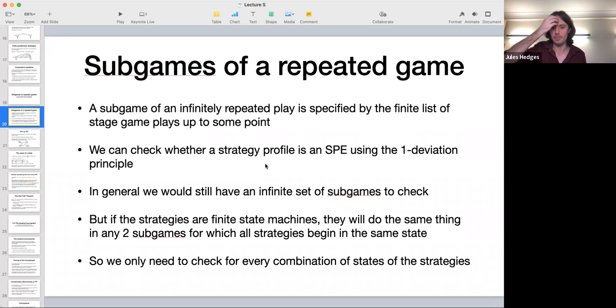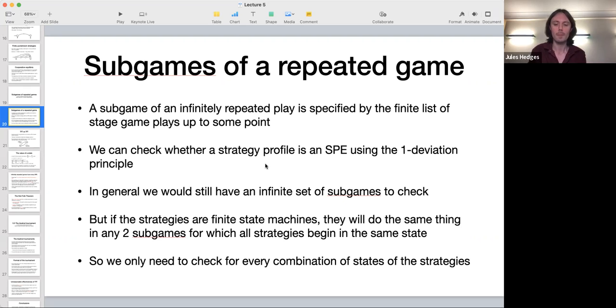There are infinitely many of them. But now is where we get the benefit from restricting to finite state strategies, because a finite state strategy will always do the same thing in any two subgames that take it to the same state. So subgames really become like combinations of states of the strategies that you're in. This brings us to a finite problem.